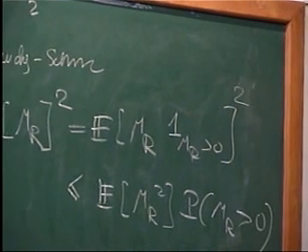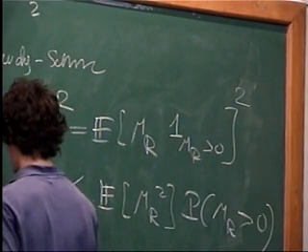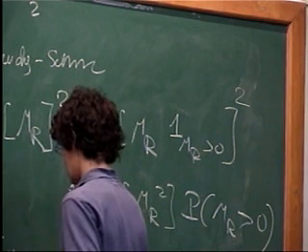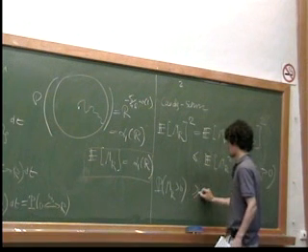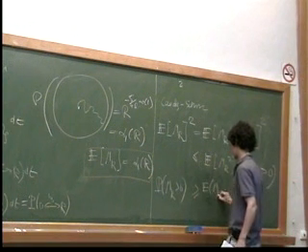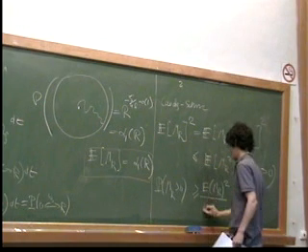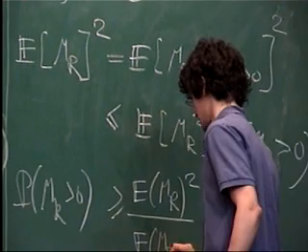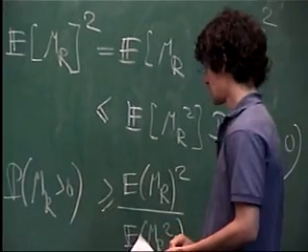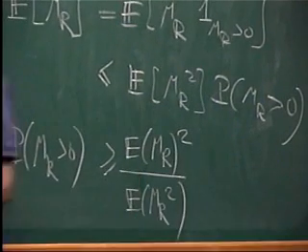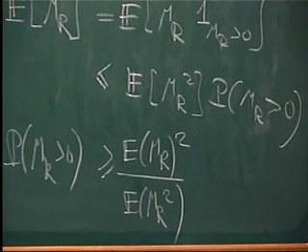So what the second moment tells you is that the probability that your random variable is positive is more than this divided by this. And if you've never seen it, then maybe you should keep this in mind because it's useful.